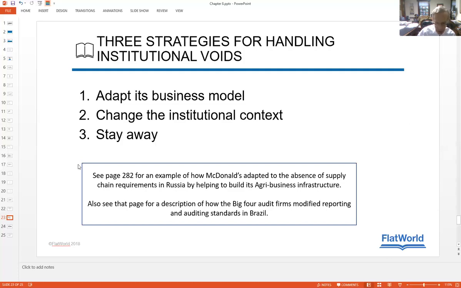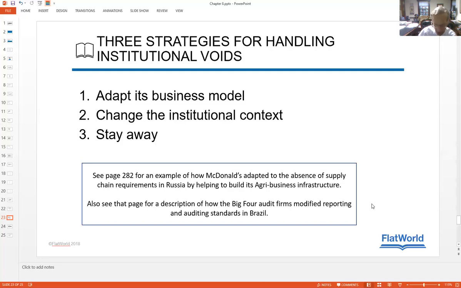The same page, by the way, and I should change this one. It's Big 4 with a capital F. There we go. But there are 4 large auditing and accounting firms in the United States. And they all wanted to enter Brazil. The problem is that Brazil's business climate and its regulatory environment wasn't very demanding.